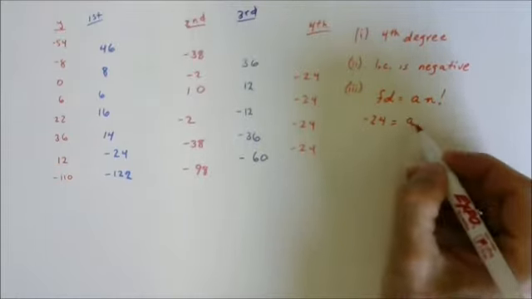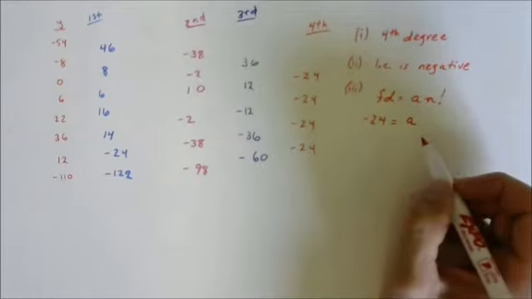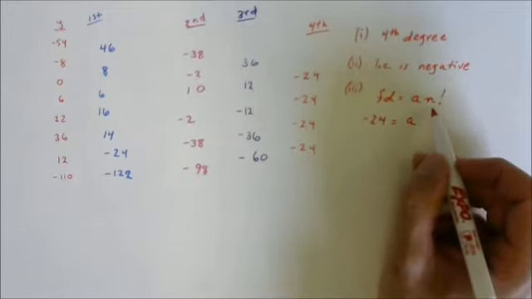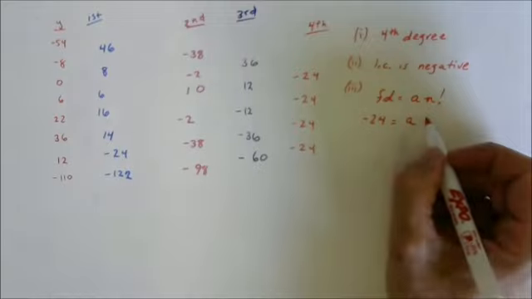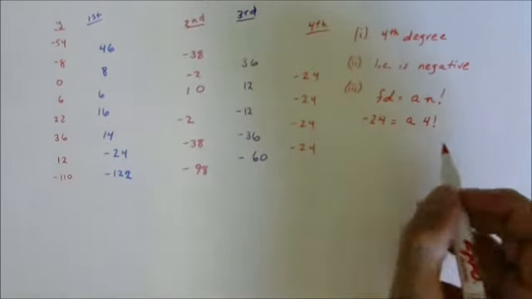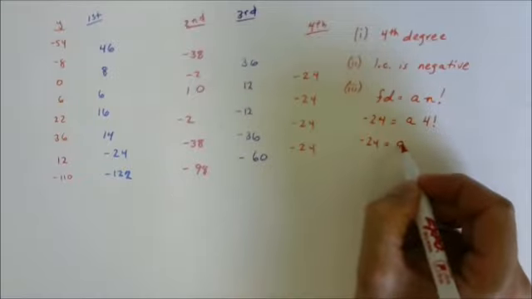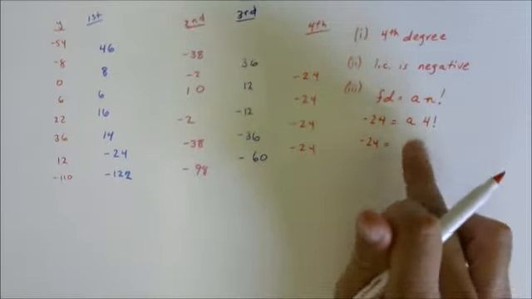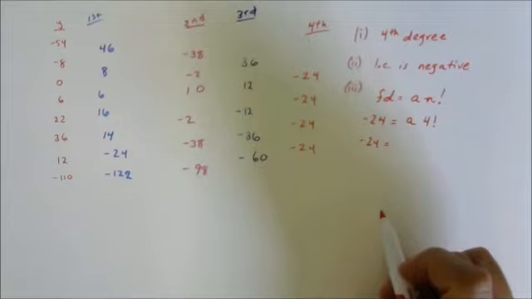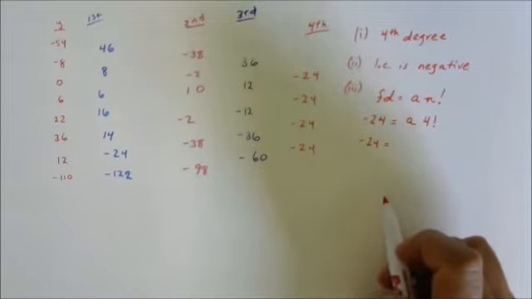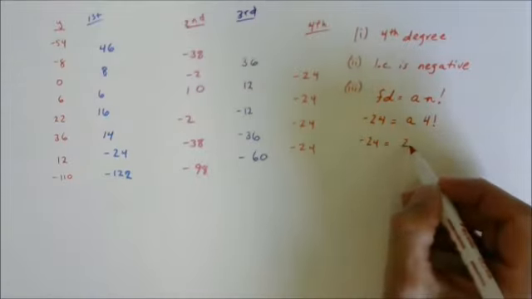We don't know the leading coefficient, that's A, but we do know the degree, which is n, it's 4. So we have 4 factorial. 4 factorial is 4 times 3 times 2 times 1. So we got 4 times 3 is 12 times 2 is 24.